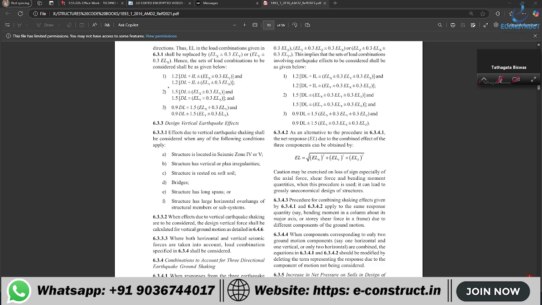The first mode has, let's say, 60% translation, 40% rotation, and 1 second time period. I'm just giving a very vague example only. The next has 0.6 second time period, 70% translation, 20% rotation. This one has 0.5 second, with 70% rotation and 20% translation, and so on.